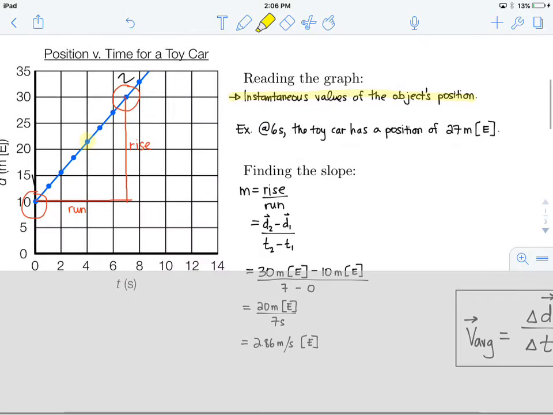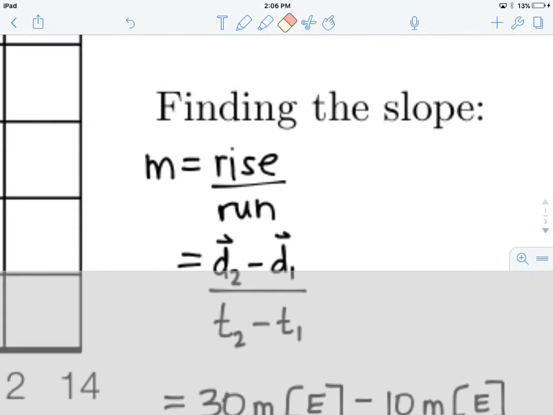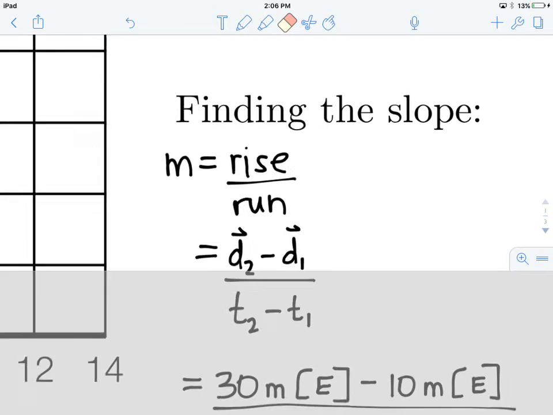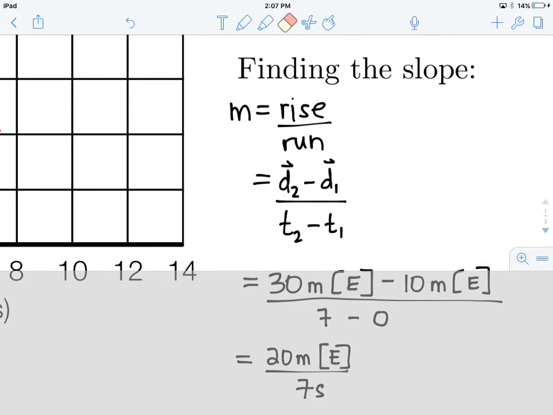And now we're going to focus our attention on finding the slope of this graph. So just remember that slope is equal to rise over run. And in this case, instead of saying y2 minus y1 over x2 minus x1, which is a very common and familiar equation for slope, we say, well, we don't have y's and x's, we've got d's and t's. So we've got position 2 minus position 1 over time 2 minus time 1.